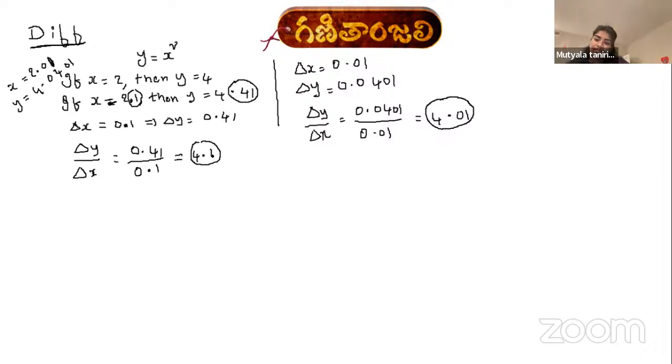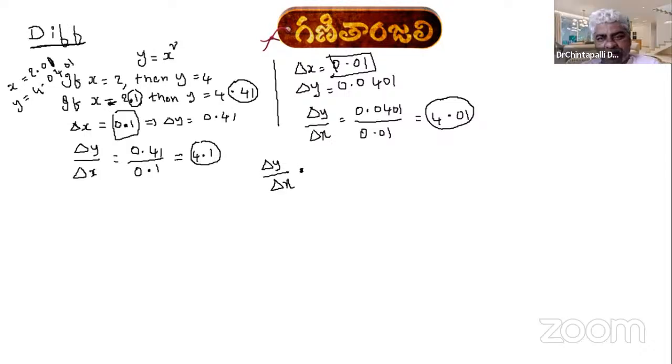If we keep reducing the value of delta x, here the delta x value is 0.1, and if the delta x value is 0.01, can you expect the value of delta y by delta x? First it is 4.1.